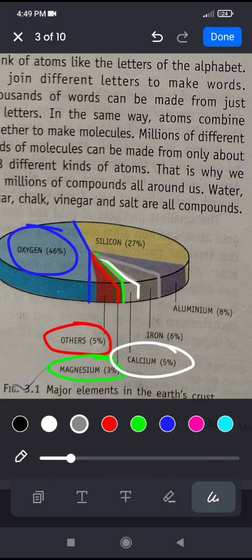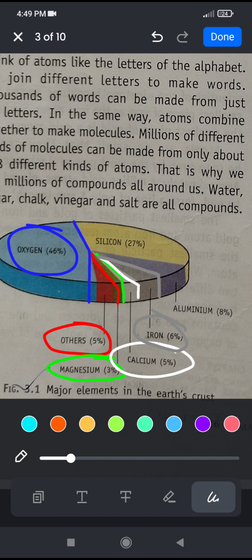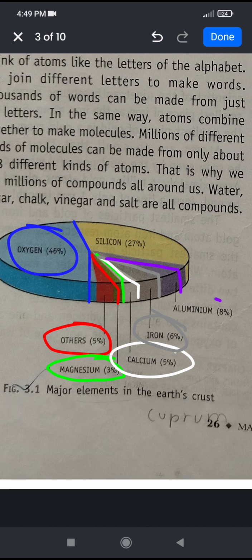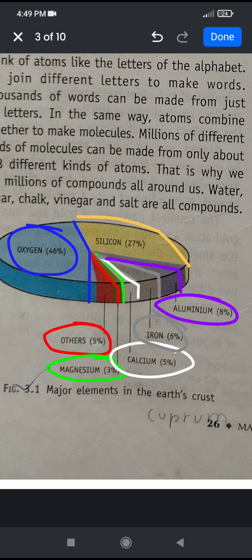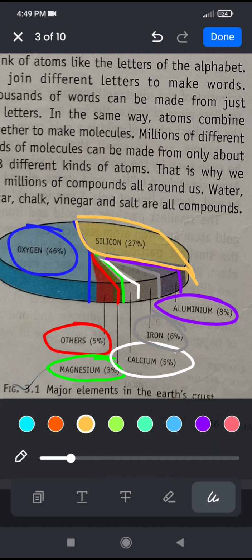Gray defines iron, which is 6%. And purple defines aluminium, which is 8%. And the last is silicon, which shows 27%. So the most occurring is oxygen in our earth, then silicon, then aluminium, then iron, then calcium, and the least is magnesium.